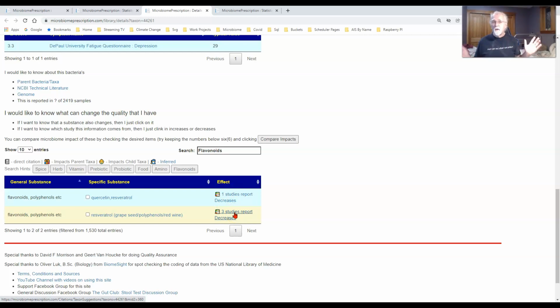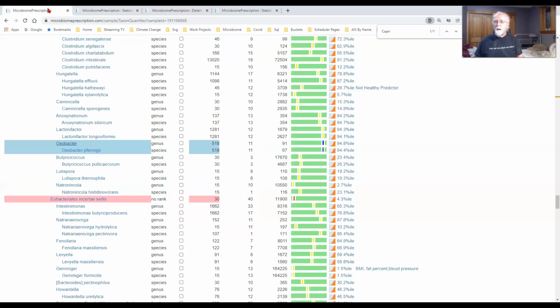Sometimes studies will have contradictory results. So seeing how many studies reported, positively or negatively, is important in terms of decision making. And we have 3 studies here, so that probably means that, hey, that is probably going to be something on the list. Okay, so let's go back to this page.